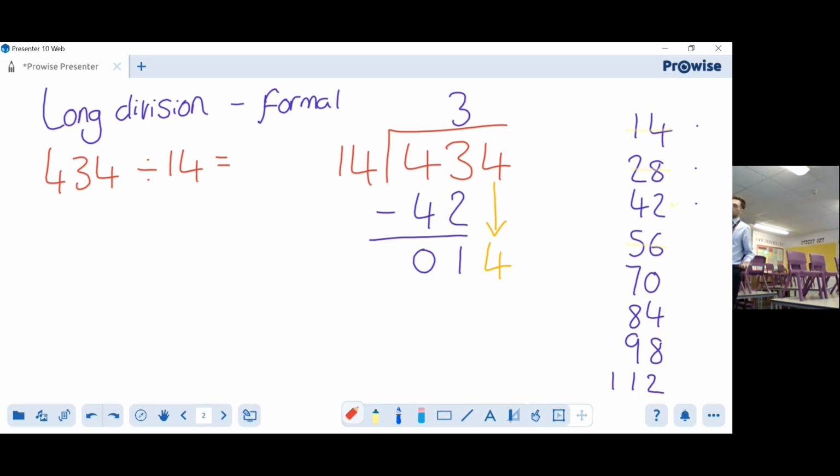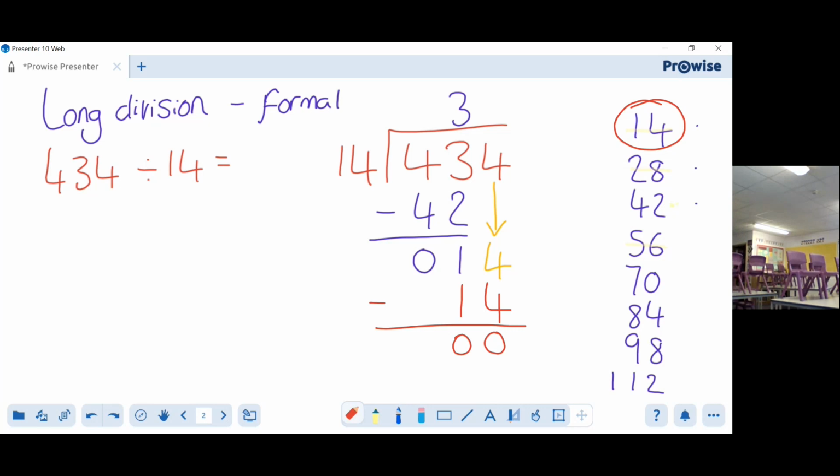Now I'm sure you can see what we can take away from 14 next. You're probably screaming at your screen, Mr. Jones, it's 14. Of course it's 14, because that is how fun division can be. So we take away one lot of 14 from 14, and again we end up with both zeros at the bottom.